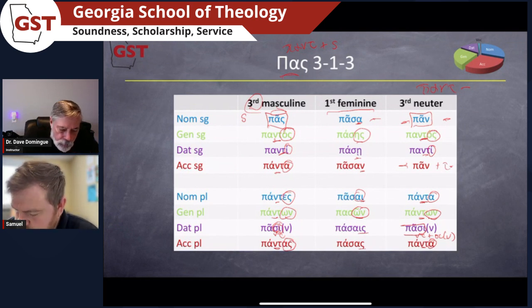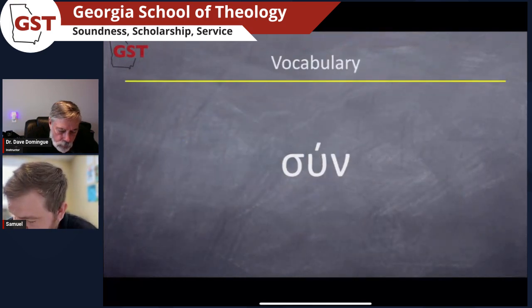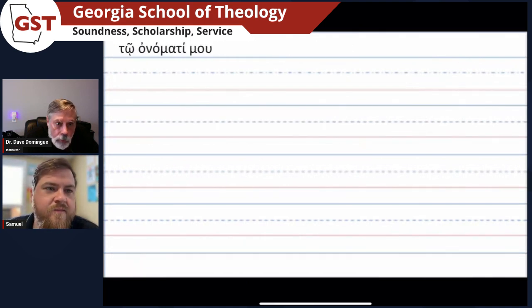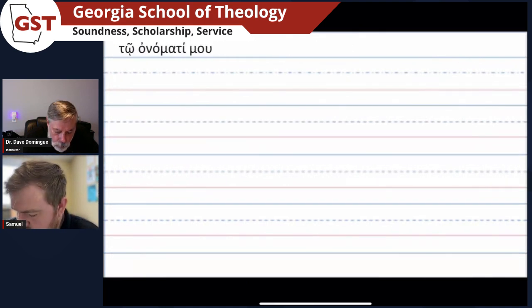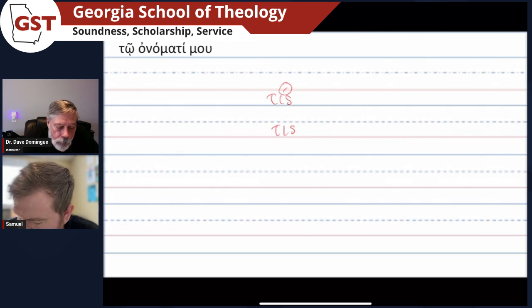10.11 is the word tis. The word tis and the word tis are two different words. When this accent is on the first syllable, then this is going to function as an interrogative.